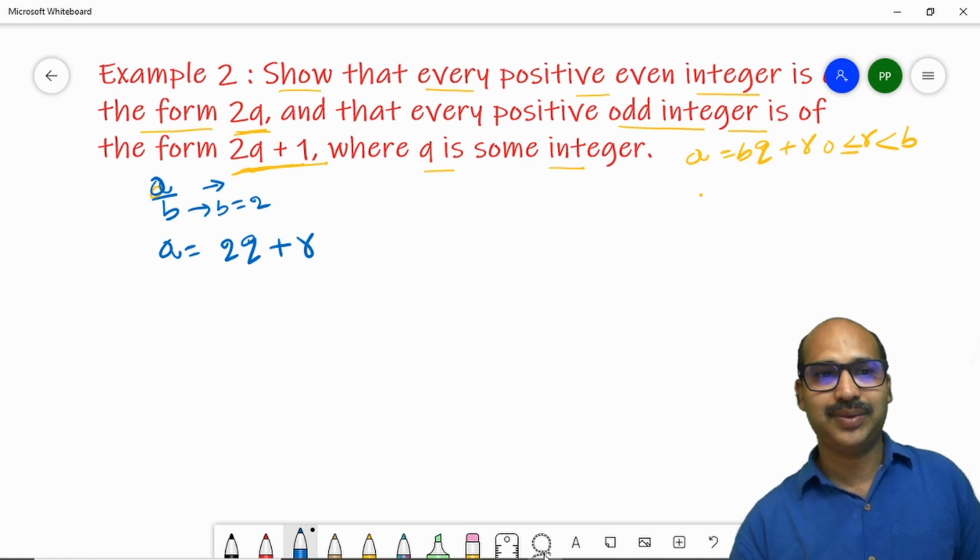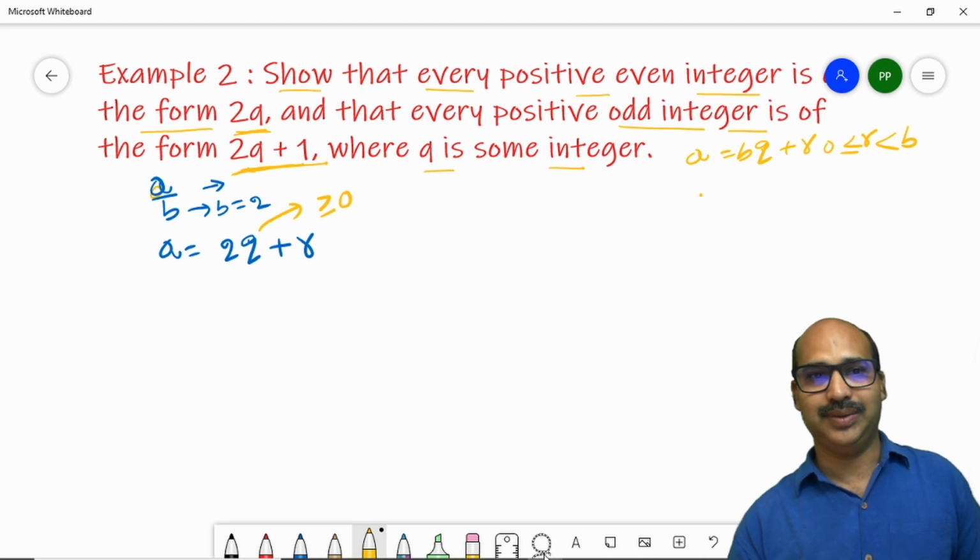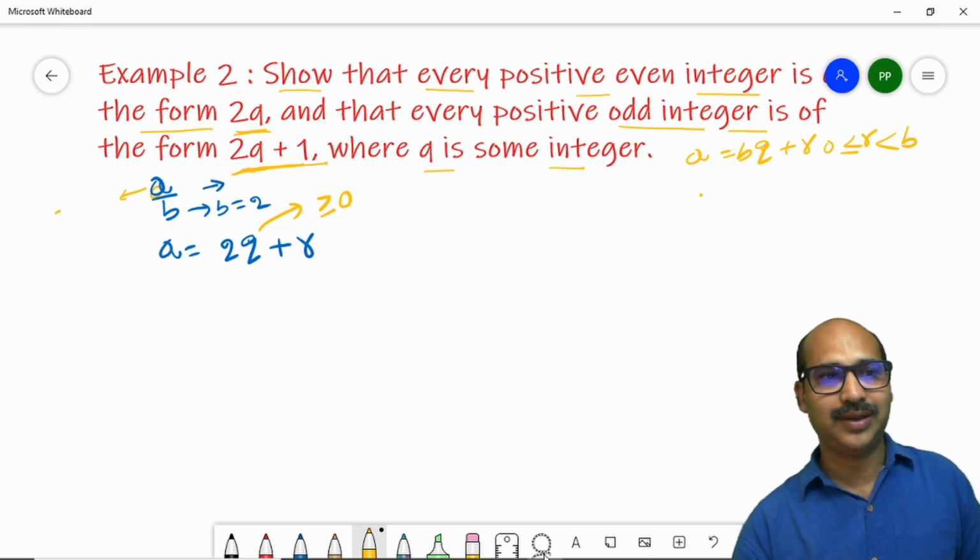As we know, this q is nothing but the quotient, some positive integer, let us assume greater than or equal to 0. As a is a positive integer, q is greater than or equal to 0.